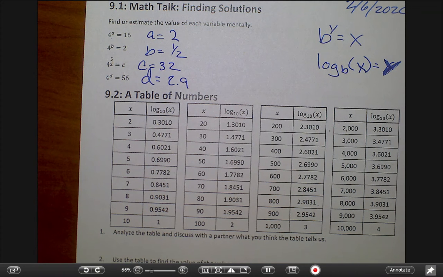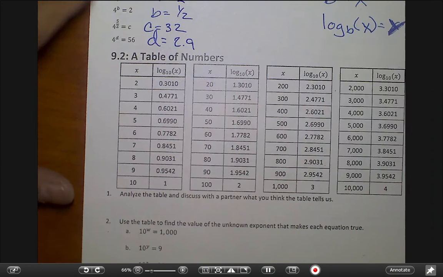Okay, we got 2.9 there, right? All right, so, yes.